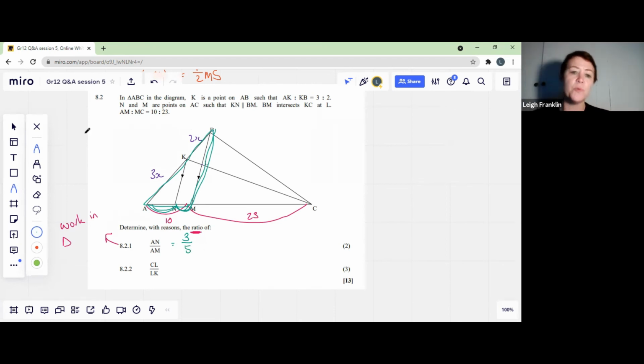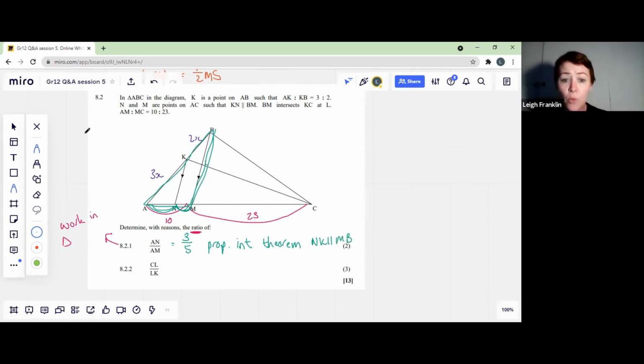Okay, and then because we've used the proportionality intercept theorem, we would have to say prop int theorem, and then we must not forget to name the parallel lines. Okay, so NK parallel to MB.